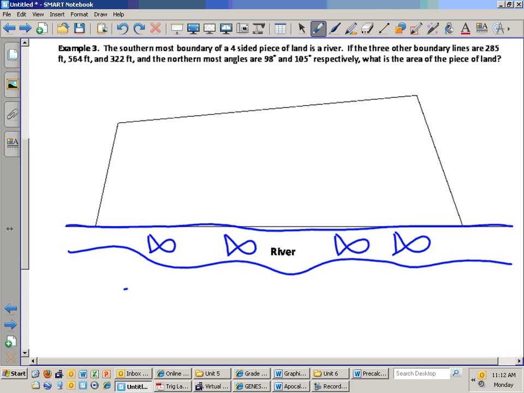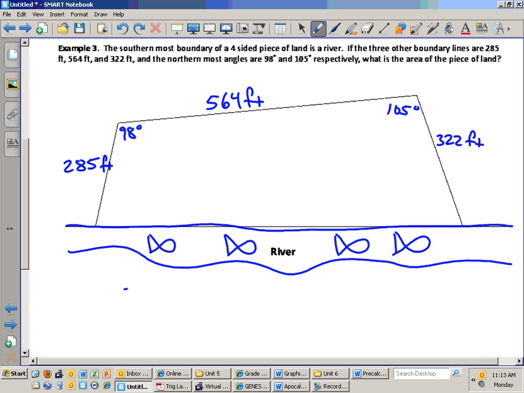Okay, they're swimming in the river. And the boundary lines are 285 feet, 564 feet, and 322 feet. And there are angles, the northernmost angles are 98 degrees and 105 degrees.